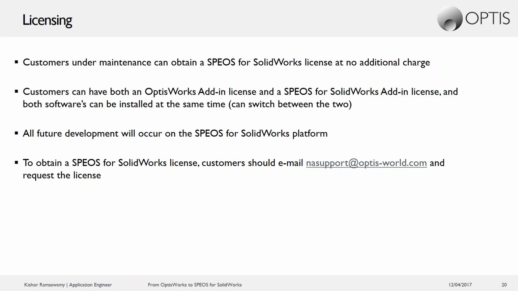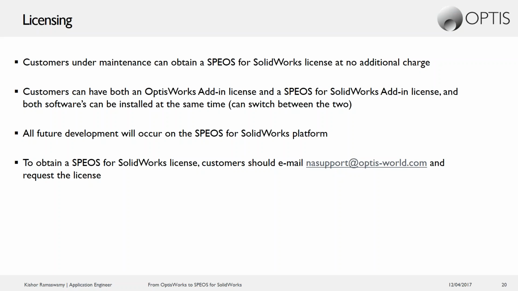In terms of licensing for this new platform, the SPEOS for SOLIDWORKS platform, essentially for any customer that is under maintenance still, there is no cost to obtain a license for SPEOS for SOLIDWORKS. So this is given for free to any customers that are under maintenance.